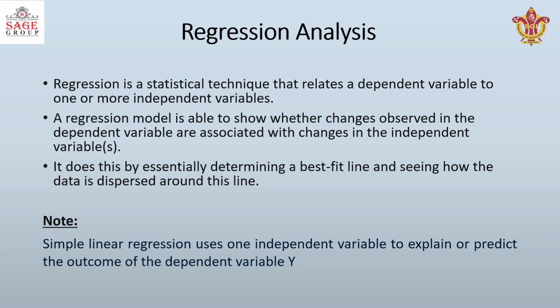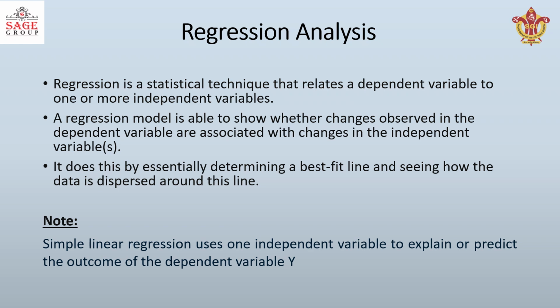Basically, a regression model is nothing but a mathematical equation that relates the independent variable and the dependent variable. A regression model is able to show whether changes observed in the dependent variable are associated with changes in the independent variable or variables.